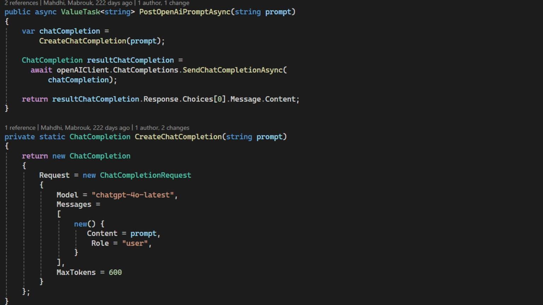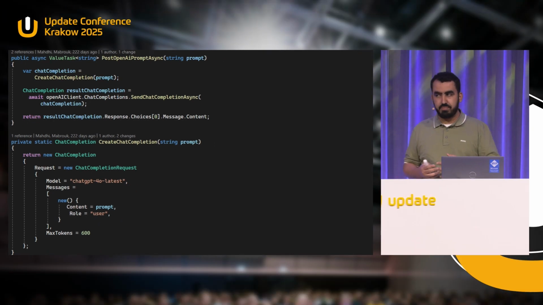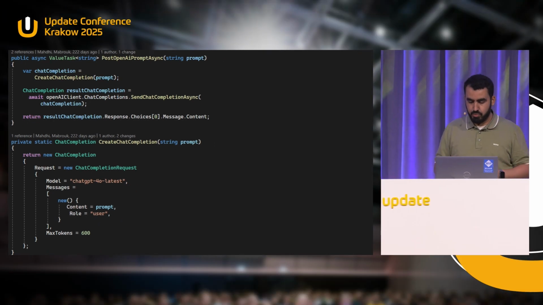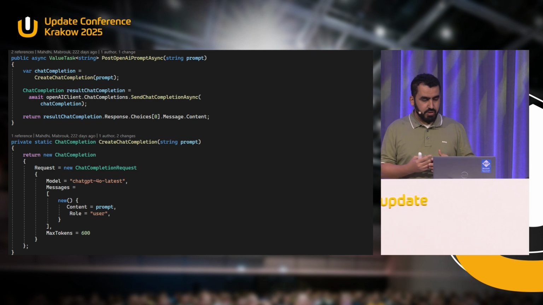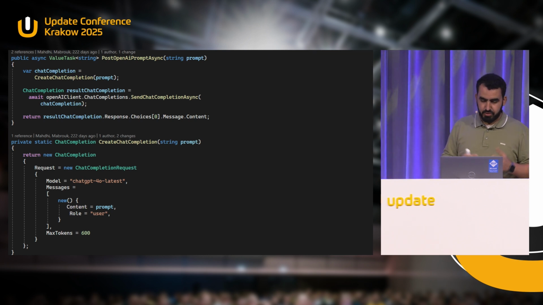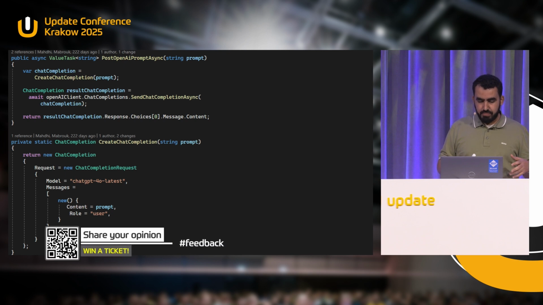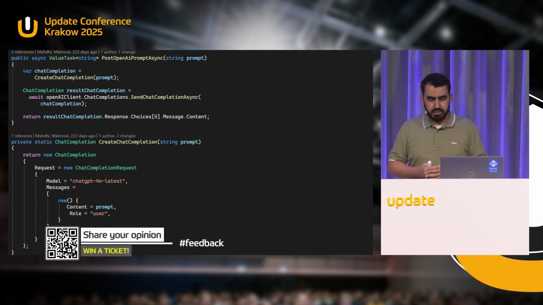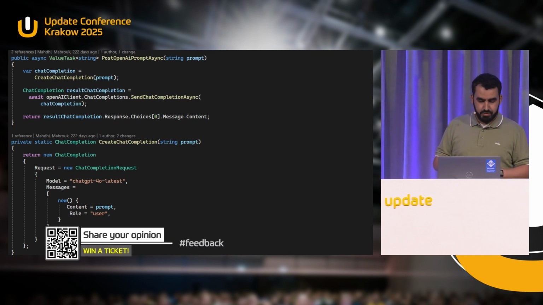It makes it very easy for you to send requests to the OpenAI API and consume it. There are a lot of completions, not only chat completions. You need to check this in our library. It's an open source library on GitHub.